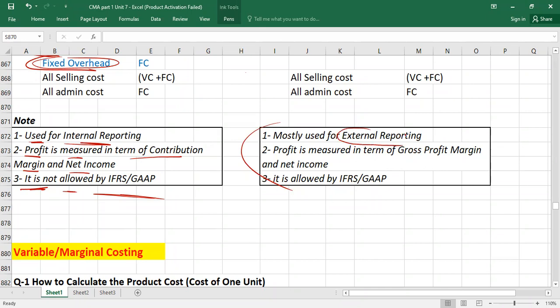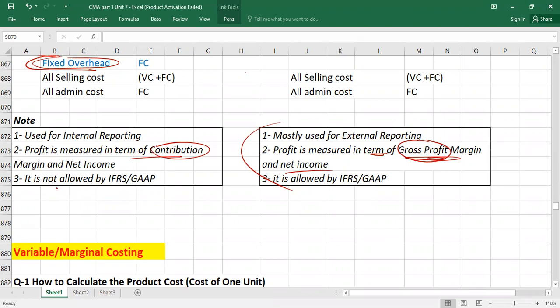Actually, we are using it for external reporting purposes. Because when we prepare the income statement in our financial accounting, by default, we are following absorption costing there. And then under absorption costing, profit is measured in terms of gross profit and what? Net income. Here the word is under variable costing, the word was what? Contribution. Here the word is gross profit. Understood?